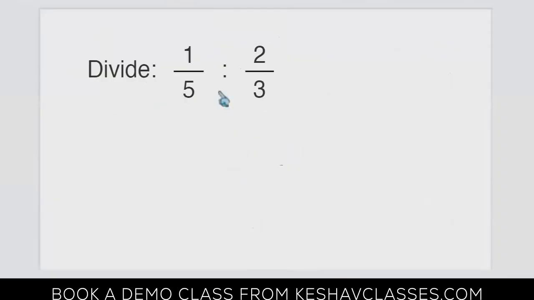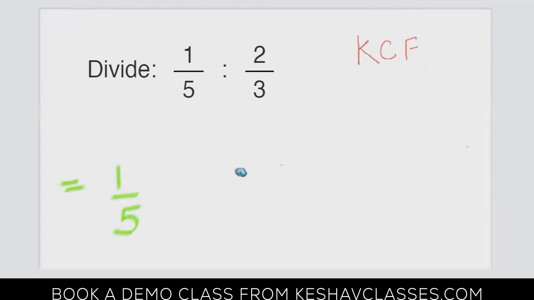Okay, remember we learned a method called KCF. This method was KCF. What this means is you keep, change, and flip. So we'll try to use our KCF method here, and you will keep the first number as it is, and the first number is 1 by 5.